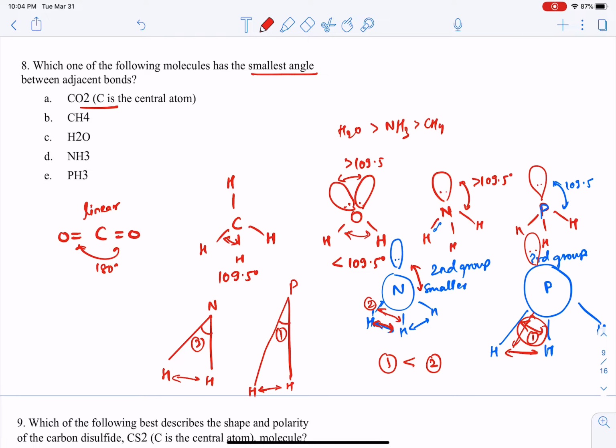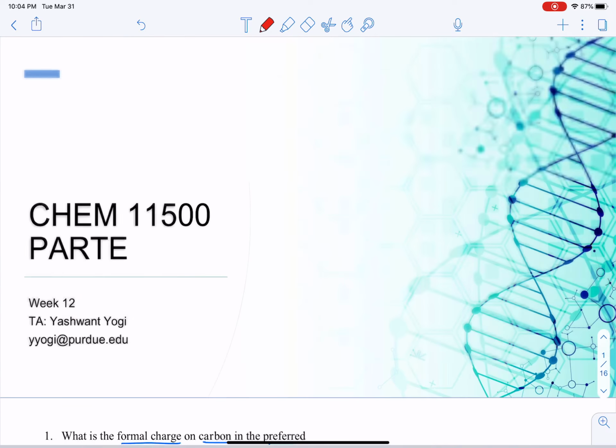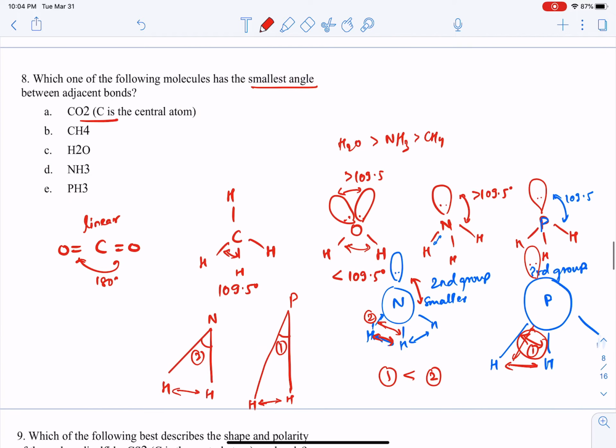What's the question? Which one of the following molecules has the smallest angle? So this angle, we have, wait, sorry for that. Okay, it went all the way back. So some angles in H2O are bigger than 109.5, some angles are 109.5, some less than 109.5. The only thing is when you have H2O, this angle is greater than 109.5, but this angle is less than.